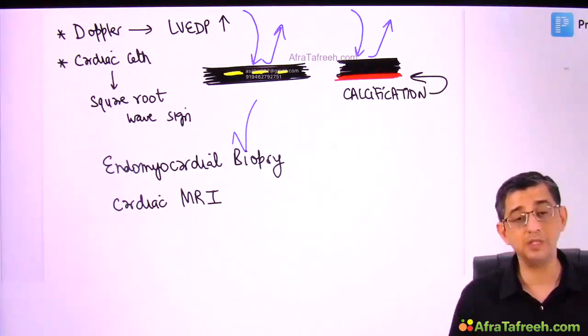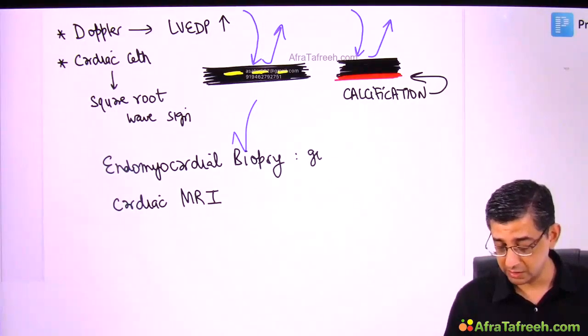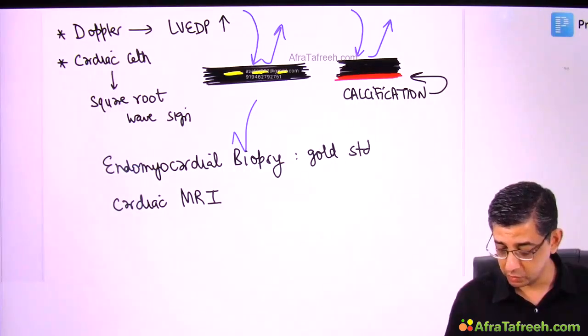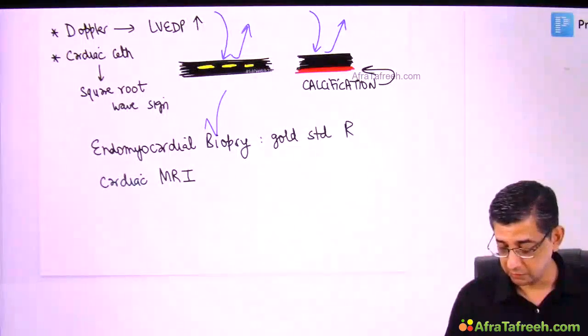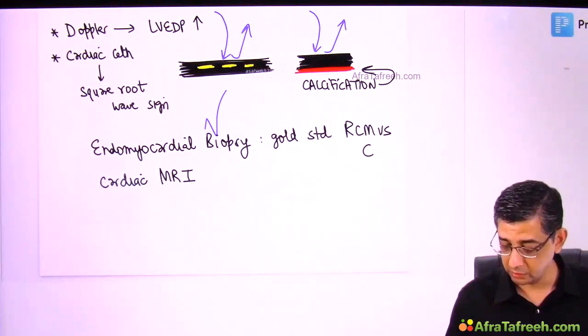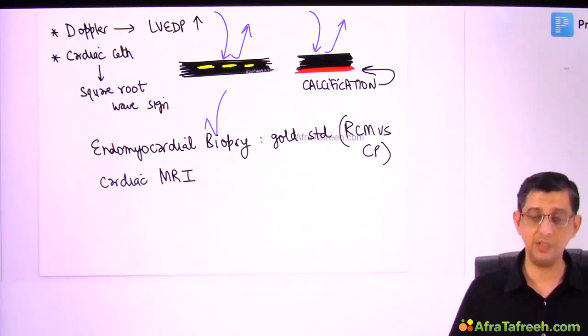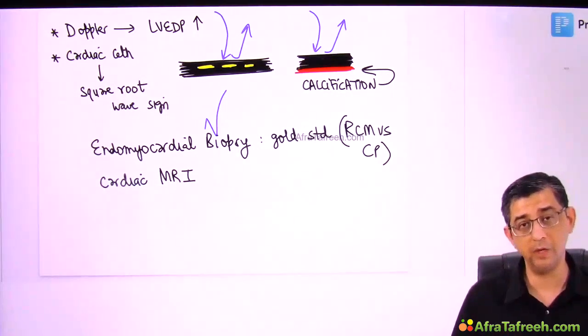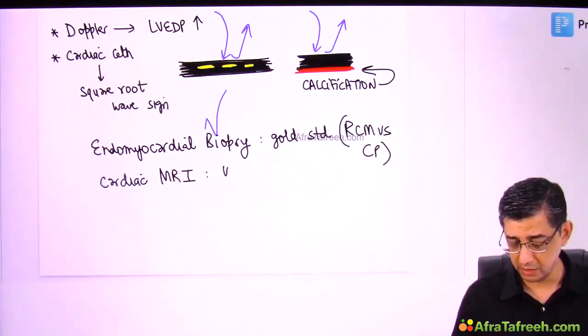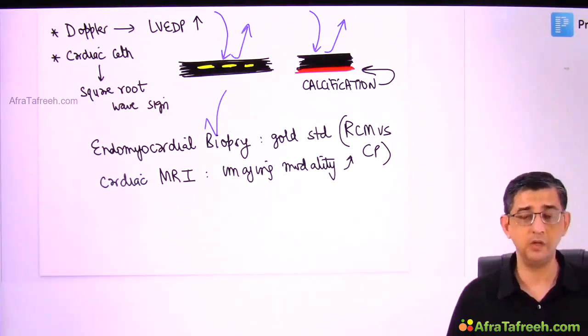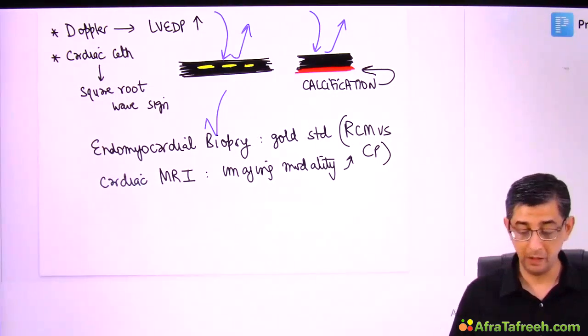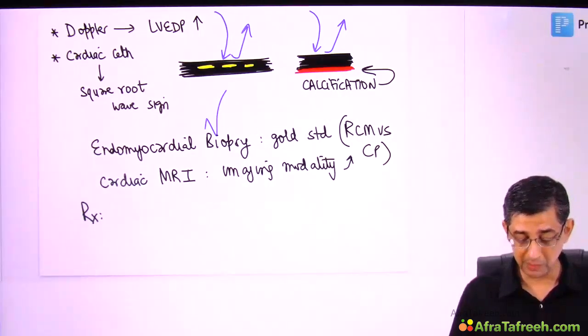So if he asks what is the gold standard test to differentiate restrictive cardiomyopathy from constrictive pericarditis, the best answer is endomyocardial biopsy. But if he makes it easy by asking what is the imaging modality preferred to differentiate between the two scenarios and confirm the diagnosis, the answer is cardiac MRI.